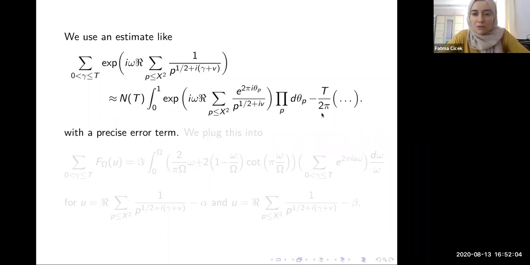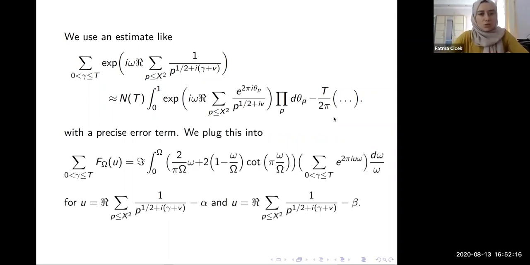Then you will also have a minus t over 2π term that comes from the Landau formula. And of course, everything here will be made precise. I just don't show everything here. And once you plug in this Fourier transform, you can find an estimate for the sum of f_omega at the y vectors.